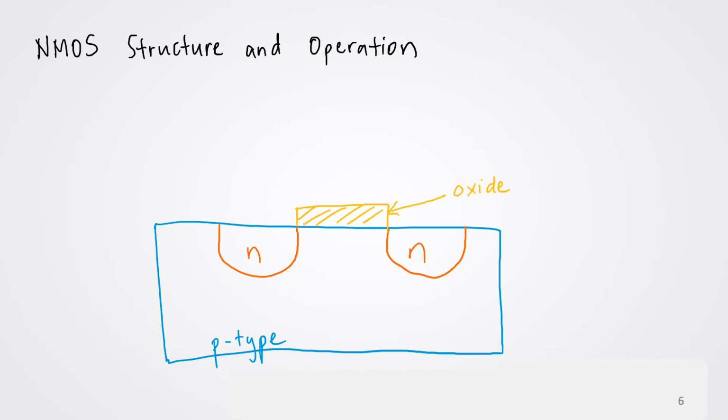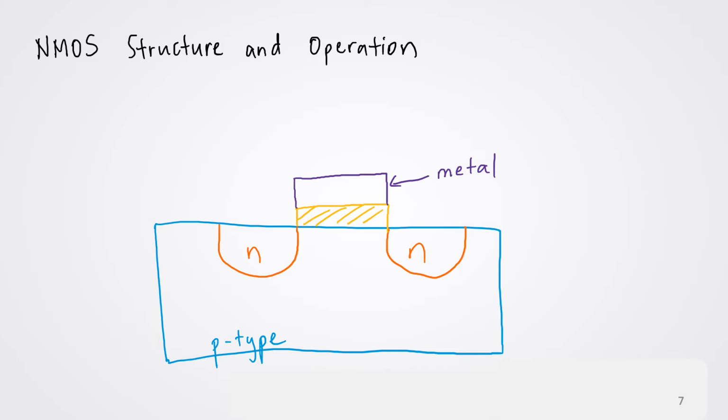After doping these regions, the next step is to deposit oxide. The oxide in NMOS is usually silicon dioxide. After depositing the oxide, a metal is deposited on top of the oxide. This region in the middle, where you have the metal, the oxide, and then the P-type semiconductor under it, is the MOS, or metal oxide semiconductor, in the name MOSFET.